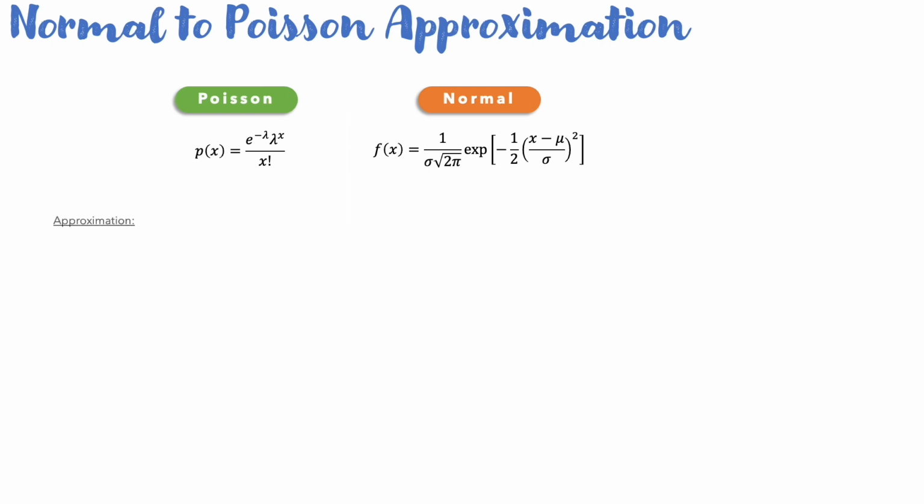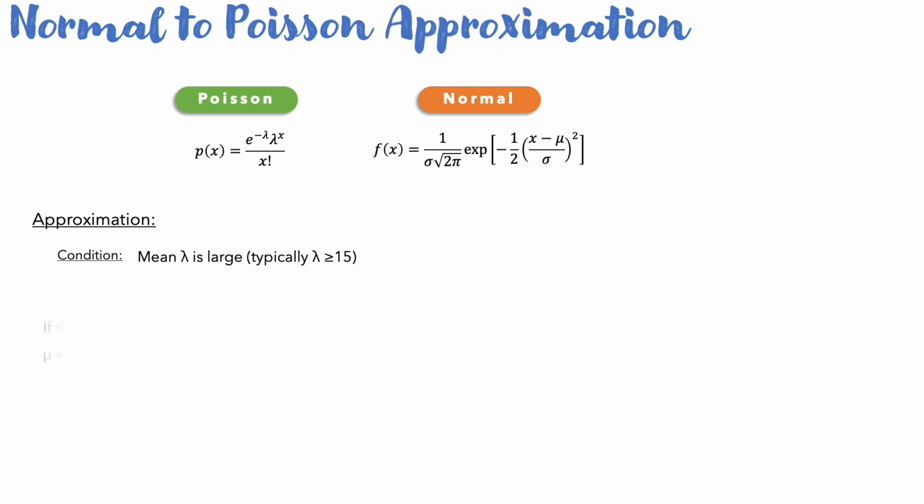We can apply approximation here when the value of mean or the lambda is large, and typically we consider it to be large when lambda is at least 15. So at least 15 means that if it is 15 or larger, then our approximation will be good. That means if we apply the normal probability distribution model to calculate probability in Poisson distribution, and the value of lambda or mean is large, then we will get a good approximation.